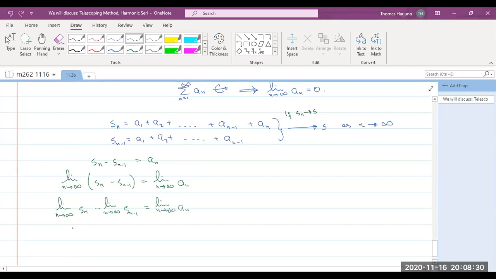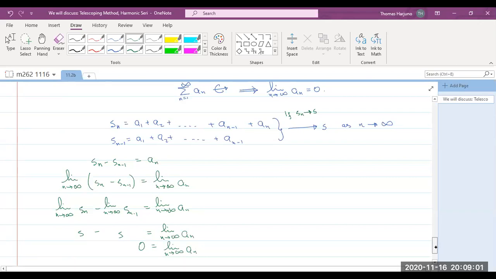The limit of the nth partial sum is S. The limit of the n minus first partial sum is also S. So the only way that can happen is if, consequently, the nth term has to be 0 when n goes to infinity.